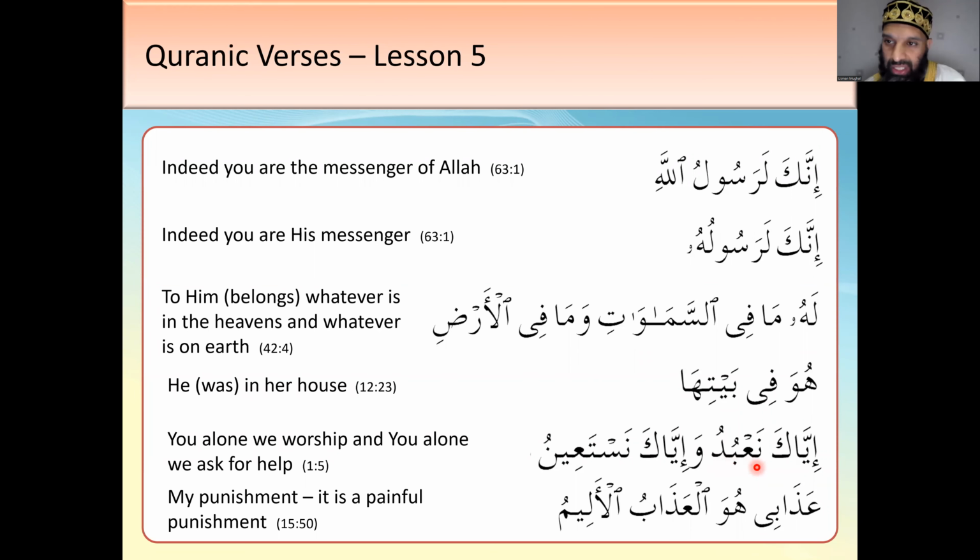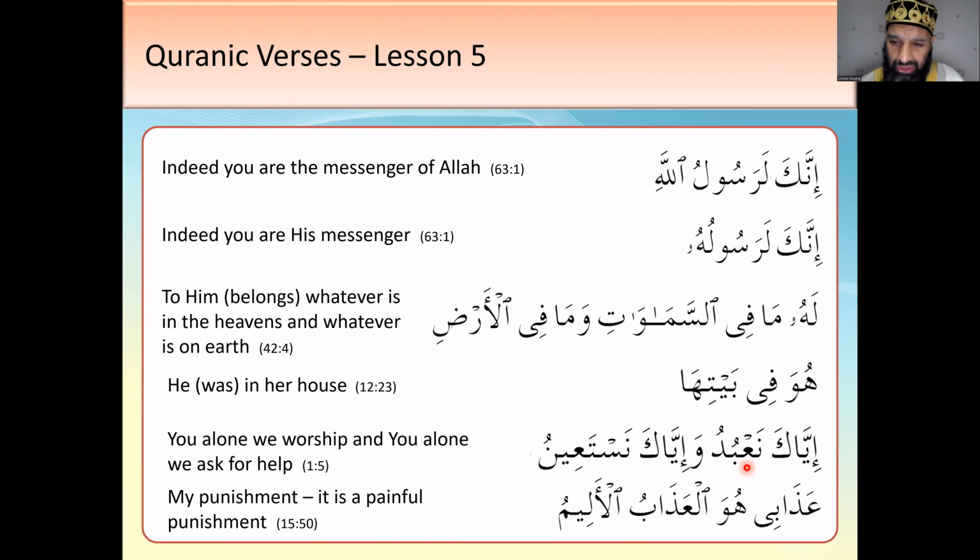So na'budu means we worship. That na, we've not done that yet. But again, you've seen the na has a general meaning of we, our, in Arabic, right? Oh, you alone, na'budu, we worship. Wow, and iyaka, you alone, nasta'een. We ask for help, isti'ana, right? You alone we worship, you alone we ask for help.